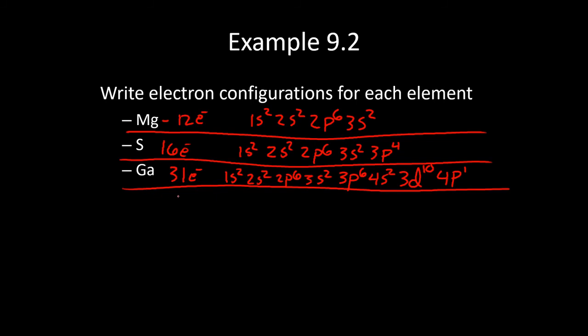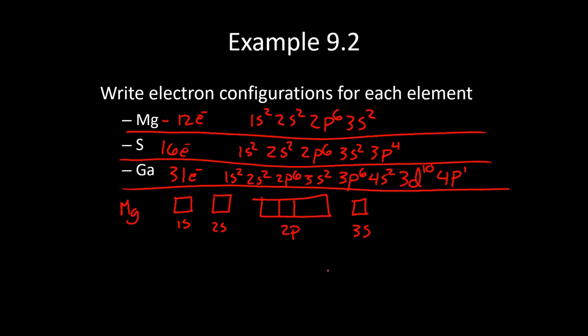Let's go ahead and do some orbital diagrams here real quickly. So for magnesium, we're just going to write this out, but with the actual boxes to represent the individual orbitals. This is 2p, and then we have 3s.